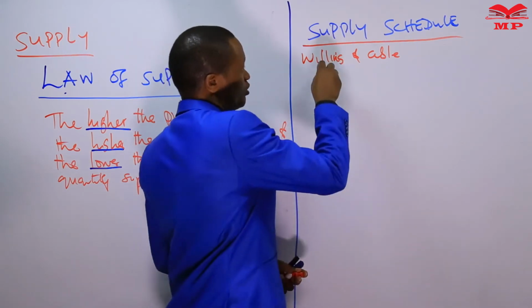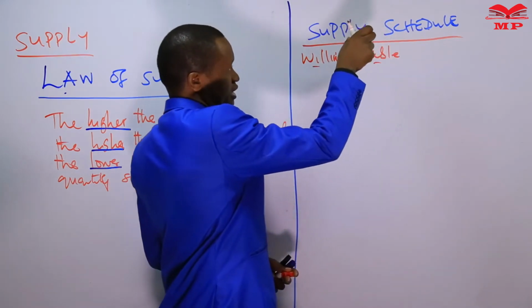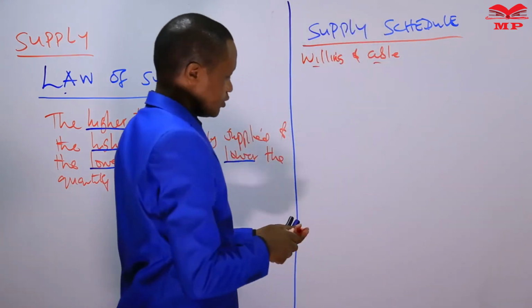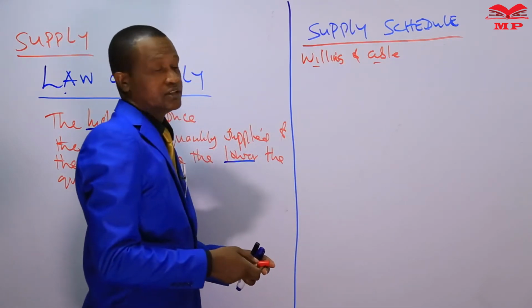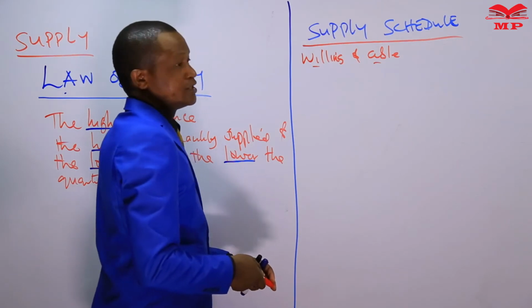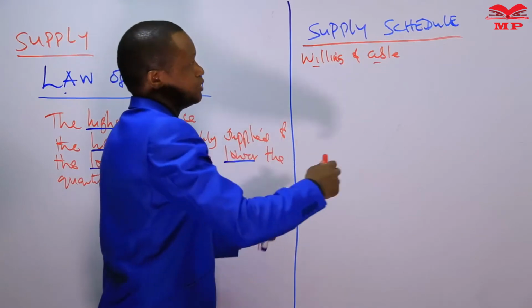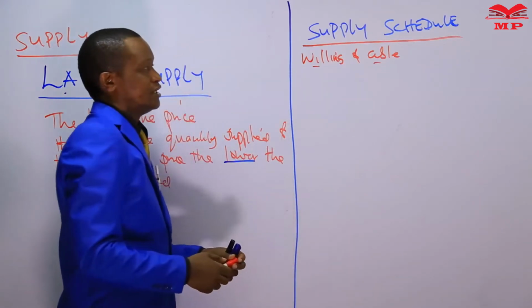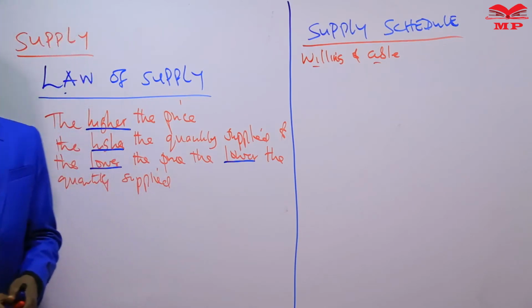Willing and able. So a supply schedule is simply a table showing the prices and quantities that producers or suppliers are willing and able to bring to the market at a given price over a given period of time.